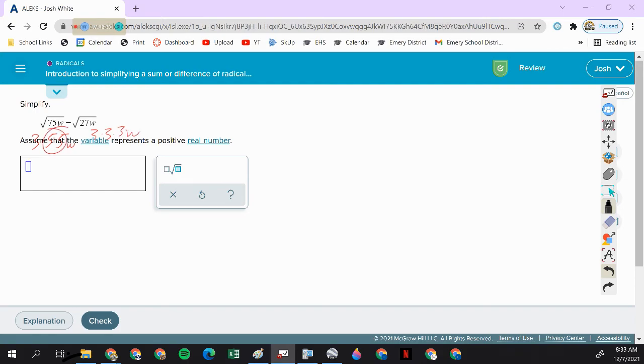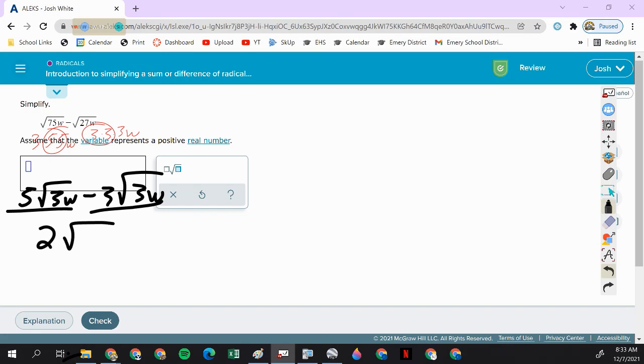Bring out a set of 5s, bring out a set of 3s. 5 root 3w minus 3 root 3w. 5 copies of the square root of 3w minus 3 copies of the square root of 3w would be 2 square root of 3w. The only difference there is they've thrown in a variable.